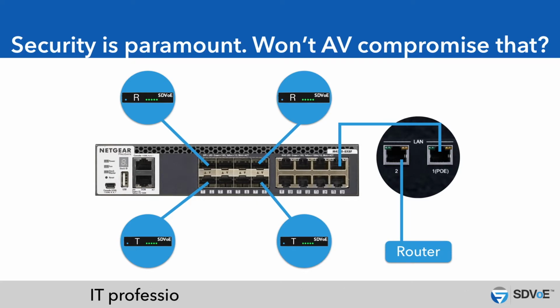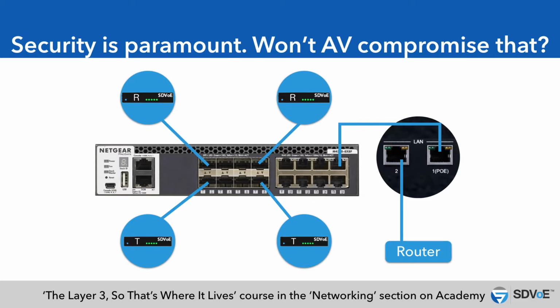And IT professionals can easily make provision for remotely accessing an SDVoE system by applying any access control protocol they prefer. Check out the Layer 3 So That's Where It Lives course on the networking section of Academy, as this will help you understand the basics of local area networks.